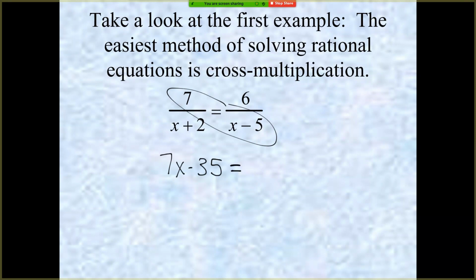Then there's my equal sign, and I'm going to multiply my other diagonal. In this case, it's 6 times x, which is 6x, and 6 times 2, which is positive 12.